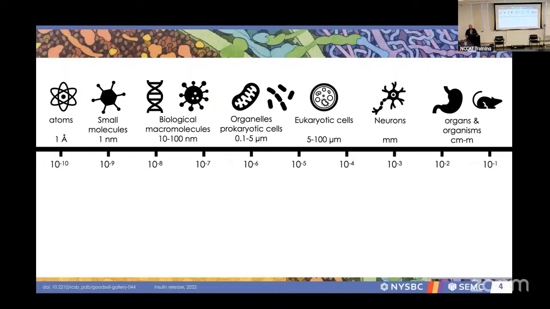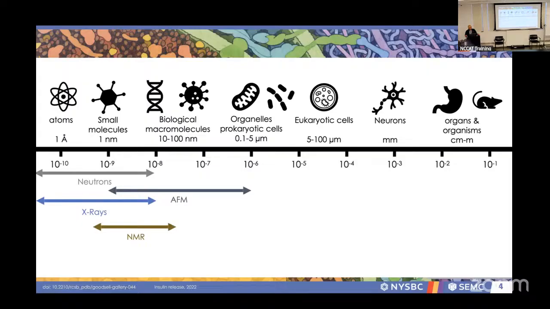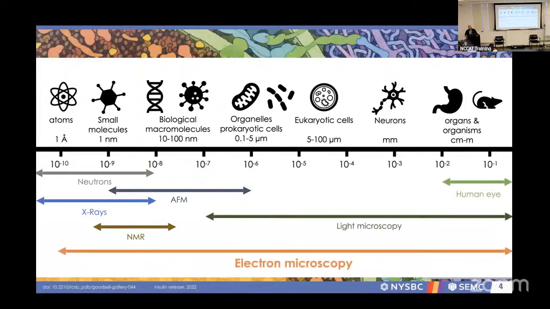And we want to access all these resolution regimes. And something that we have done is that we've made use of several different types of sources to access different resolution regimes, from neutrons, X-rays, as well as different types of microscopy, for example, light microscopy.